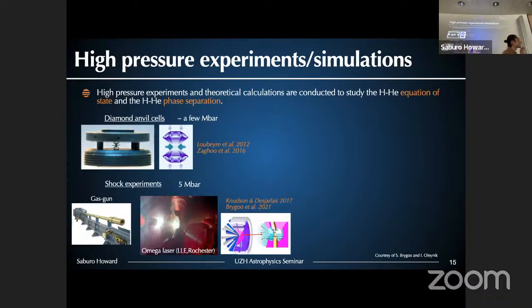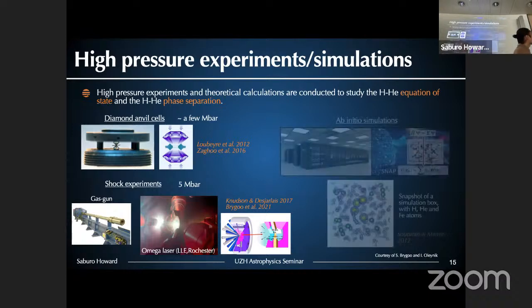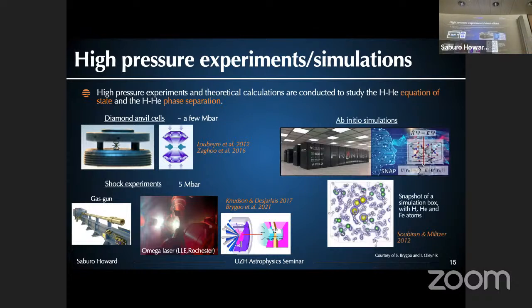But usually those experiments provide only a few data points. So far, we have mostly relied on those ab initio calculations, which model the behavior of hydrogen or mixtures of hydrogen and helium at high pressures using relatively computationally expensive calculations.